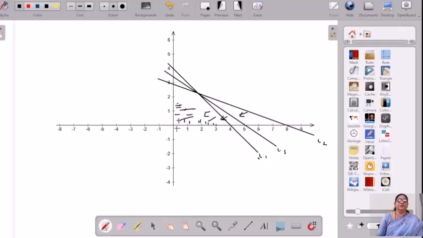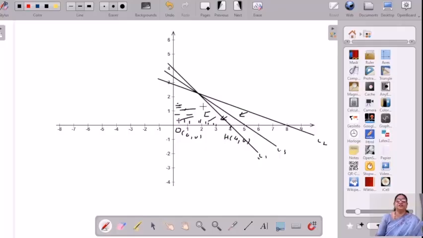We name the region. This is O, origin, which is 0, 0. This is the point A, which is 4, 0.